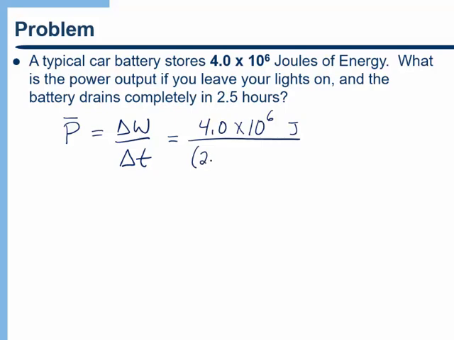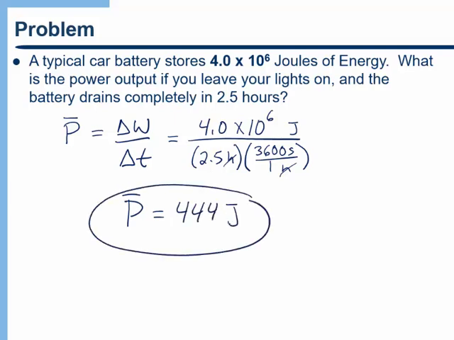Therefore, we've got to take our 2.5 hours and convert that to seconds. We know that there are 3,600 seconds in 1 hour. That will get rid of hours and leave us with seconds in the denominator. If you calculated that correctly, you should have gotten 444 watts. So in other words, 444 joules per second is what the battery was providing.